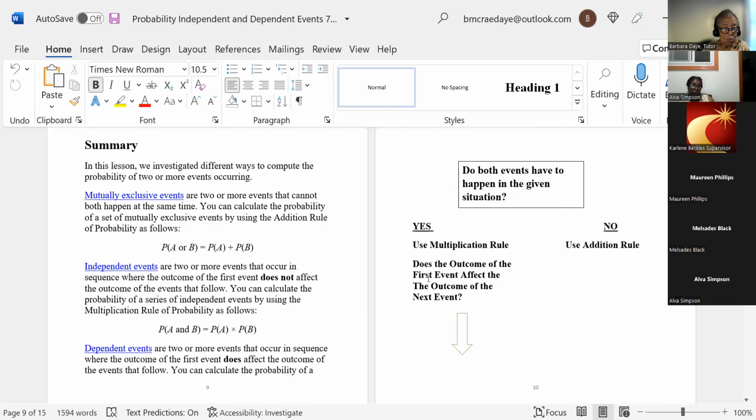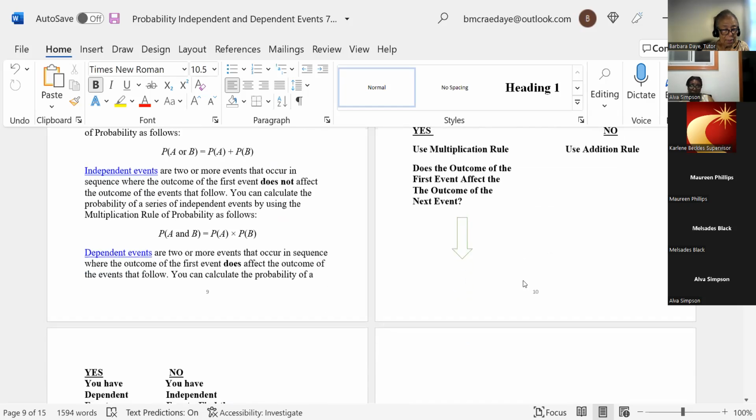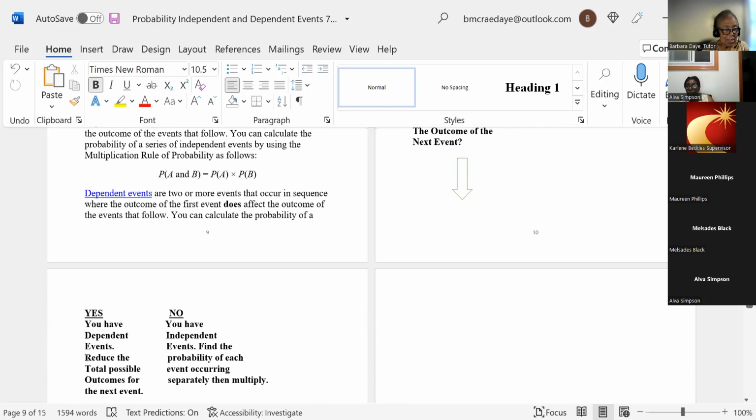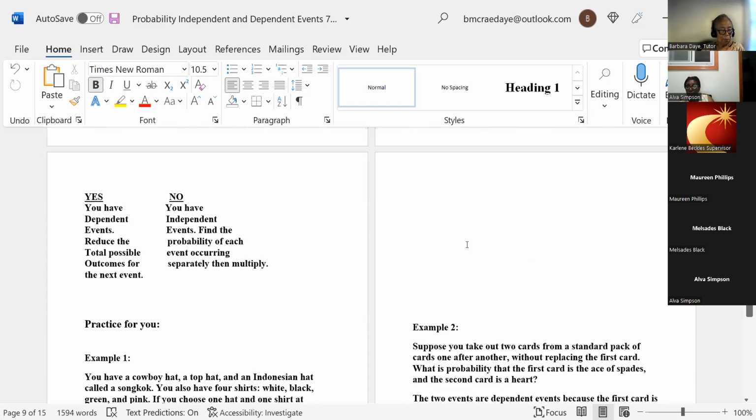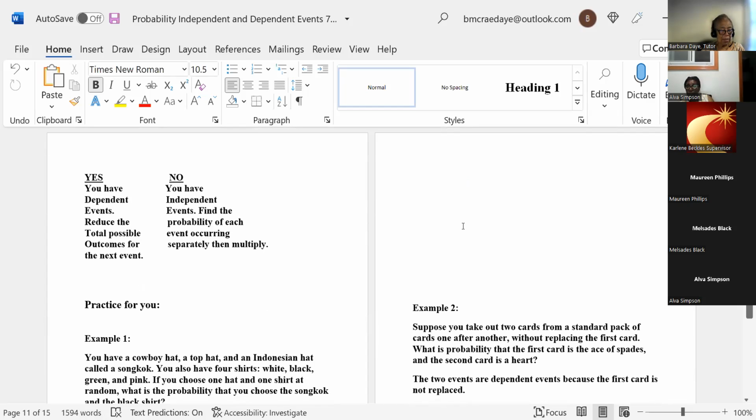When you get to the yes, does the outcome of the first event affect the outcome of the next event? If yes, you have dependent. If no, you have independent. So you can just follow this and it will help you understand independent and dependent events.